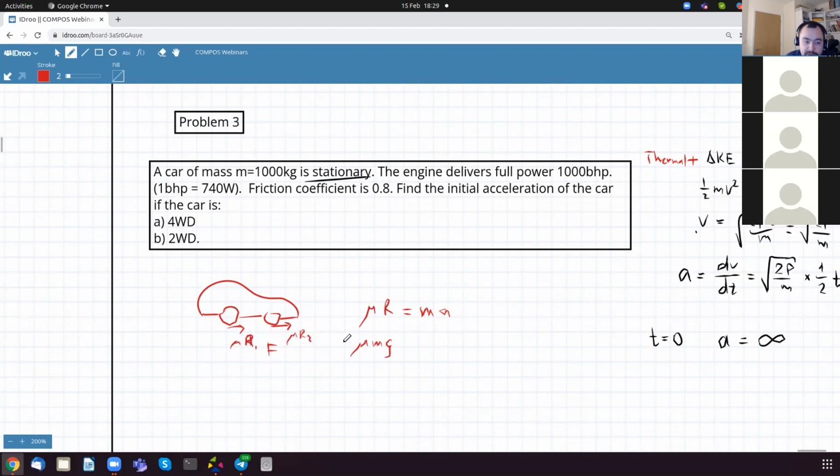So mu mg equals ma. So acceleration is equal to mu times g. And that's the answer. Acceleration of the car is mu g.